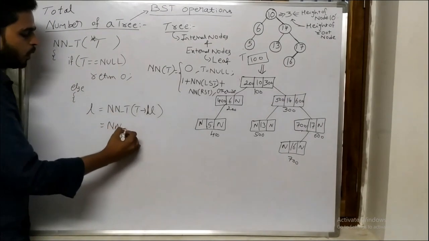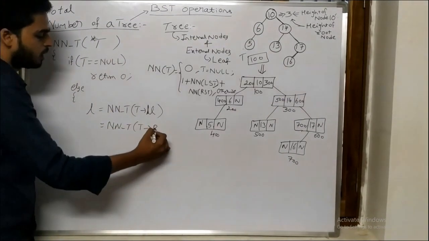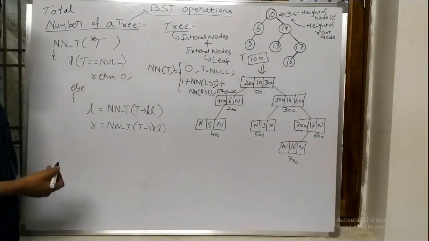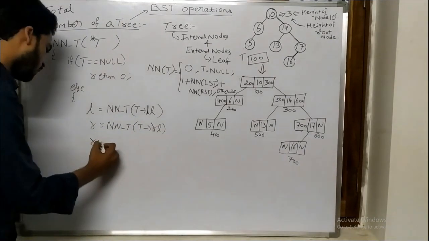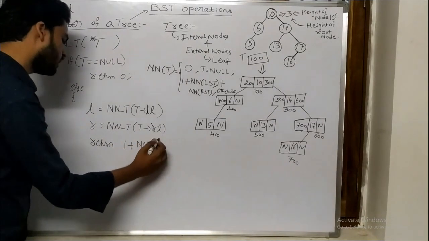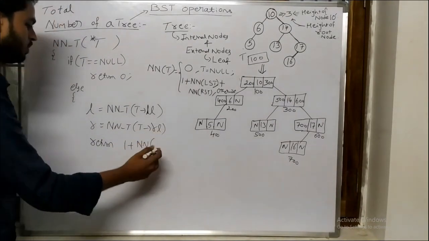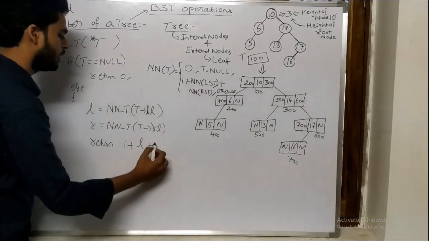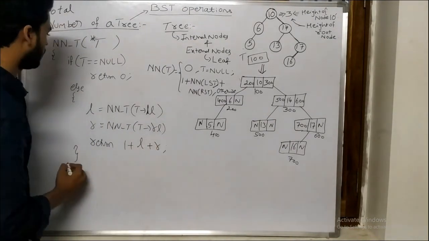Then I am going to find the total number of nodes in the right subtree and maintain that. Then I am going to simply return 1 plus the number of nodes in the left subtree, whose value is L, and the number of nodes present in the right subtree, whose value is R.